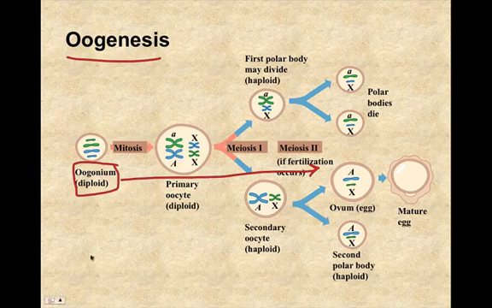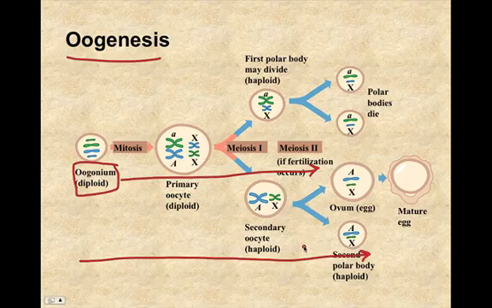So girls or women, females, make eggs up until puberty, and then they don't make any more eggs. And then, as you know, once a month, they release 1 egg.